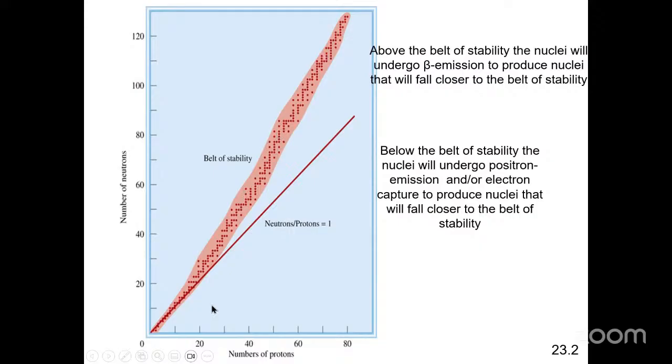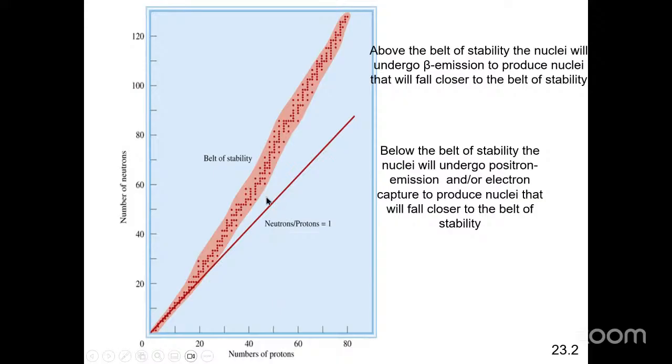So basically what we're saying here is that when it comes to the smaller nuclei, they fall on that straight line, but as the nuclei become heavier and heavier, the region in which they will lie will be above that belt of stability.